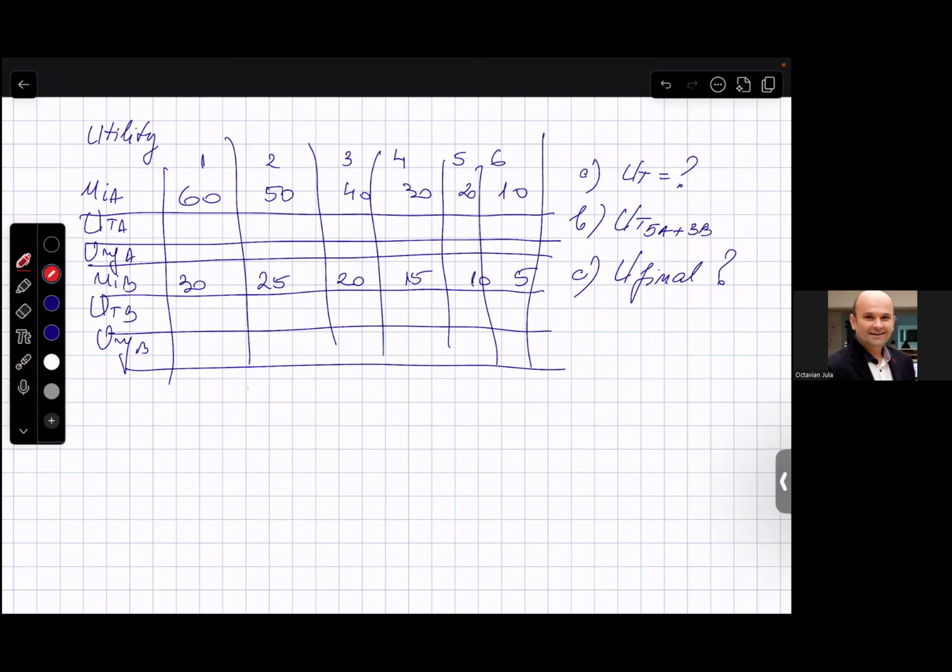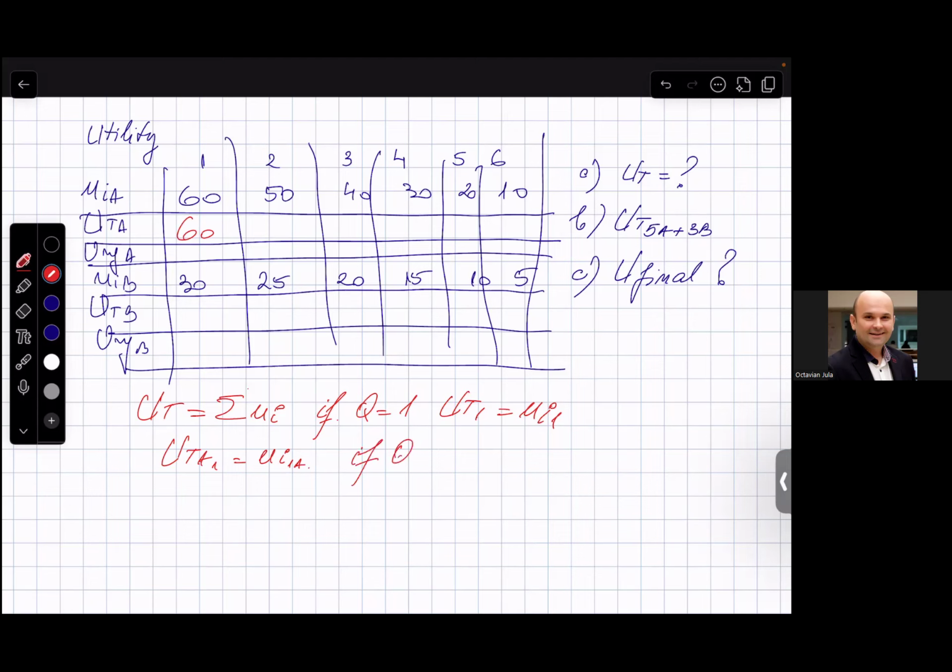First of all, let me remind you that total utility is the sum of individual utilities. For instance, if the quantity in consumption is just 1 unit, the total utility is exactly the individual utility of the first unit because I don't have anything to add. So for instance, the total utility for product A, if A is 1 unit, equals the individual utility of the first unit of A. In this case, 60.